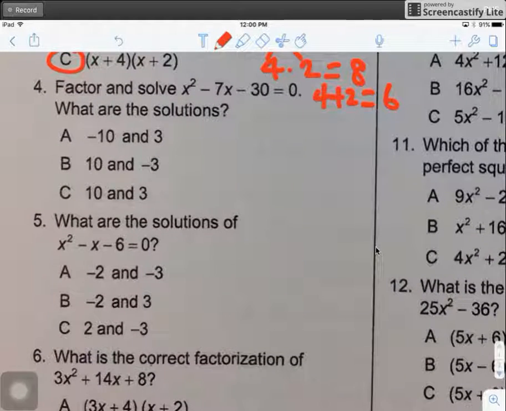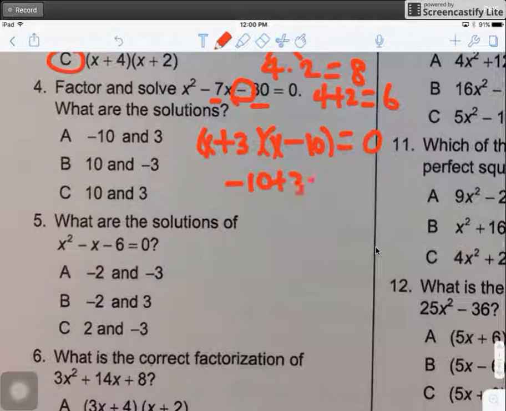Number 4, factor and solve the expression. So again, we can factor this first on the left-hand side. The last sign is minus, which tells us that the signs must be different. And then we have x and x. Two numbers that multiply to get 30, and the difference is 7, would be 3 and 10. And we want negative 10 and positive 3, because negative 10 plus 3 is equal to negative 7, and that's the middle term.